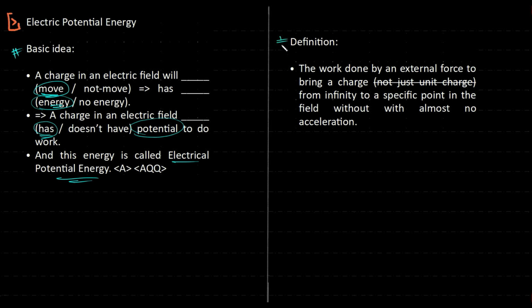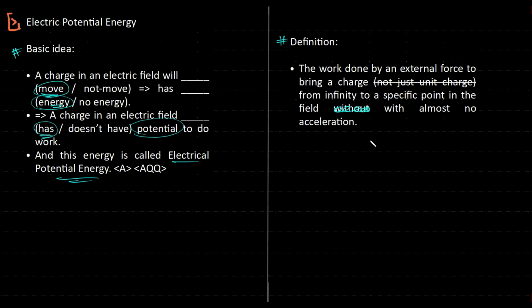Now, next thing. As a definition, what is it? The work done by an external force in bringing a charge, not just a unit charge, from infinity to a specific point in the field with almost no acceleration.